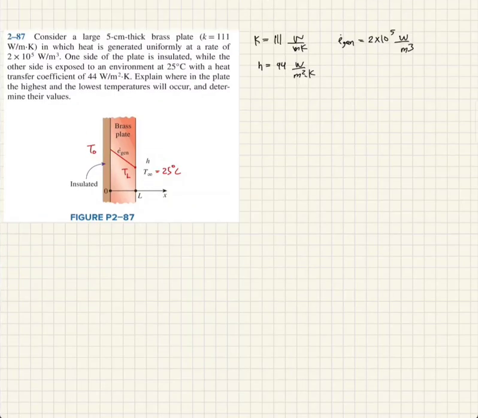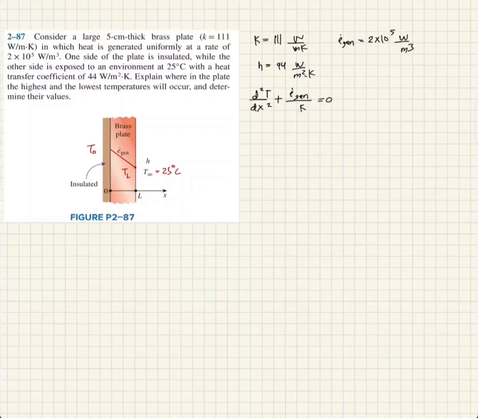So now we're gonna write down the equation that describes almost any general heat transfer system. Okay, so this is the equation. E_gen plus k d2T/dx2 equals 0, because we know that we have heat generation.